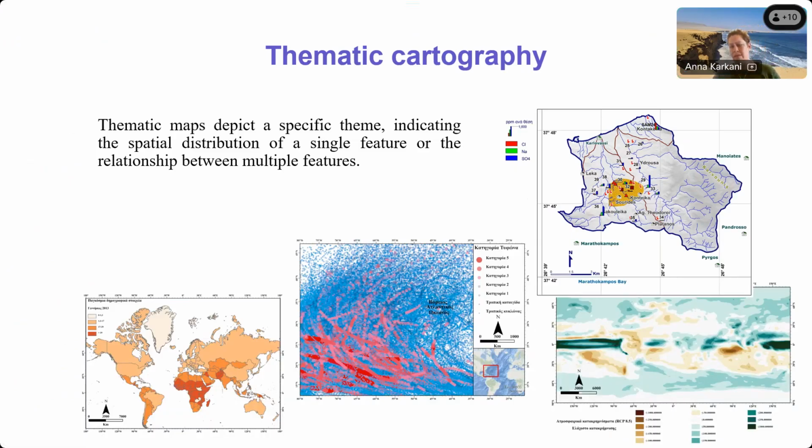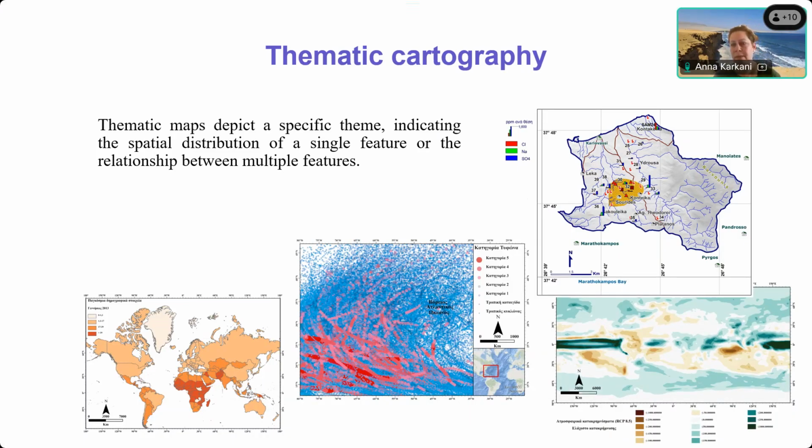So thematic mapping is an important part of creating maps, as you can understand. When we talk about thematic maps, we are talking about maps that show a specific theme, indicating a spatial relationship of a feature or of a relationship between features.